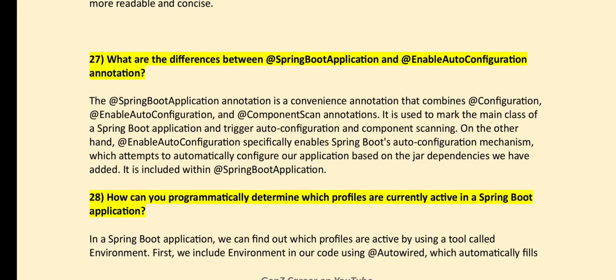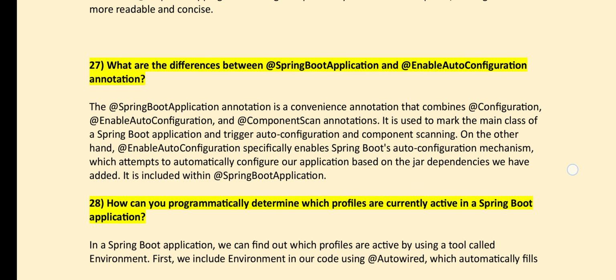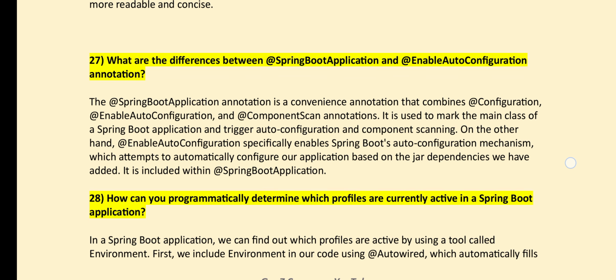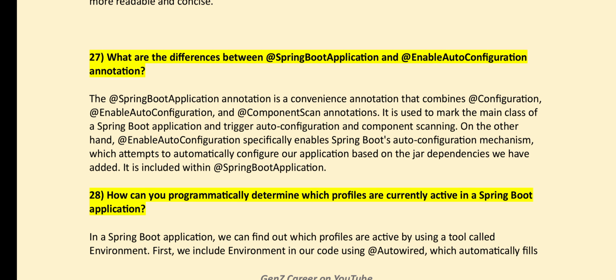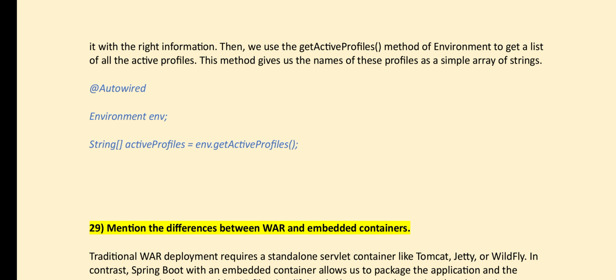How can you programmatically determine which profiles are currently active in a Spring Boot application? In a Spring Boot application, we can find out which profiles are active by using a tool called Environment. First, we inject Environment into our code using @Autowired, which automatically fills it with the right information.